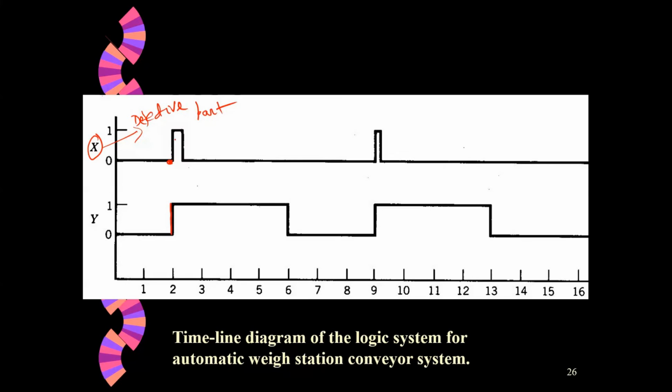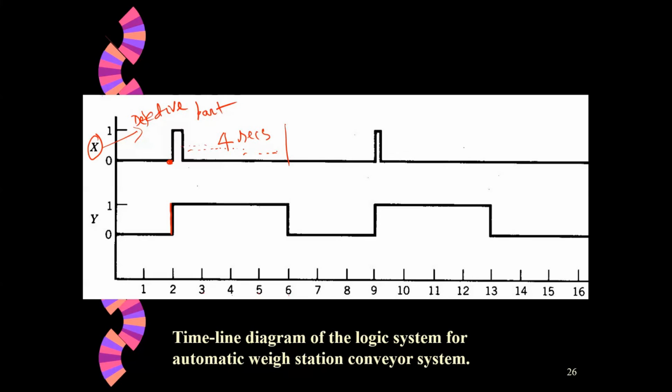So the defective part is traveling, and you are going to predict about 4 seconds, which is required normally for the part to travel from the weigh station to the barcode label station. That you have to predict.